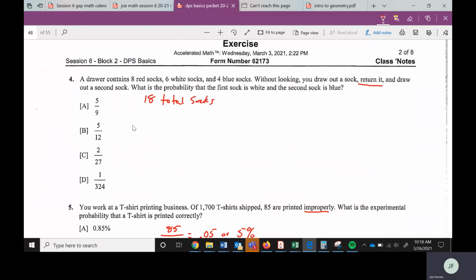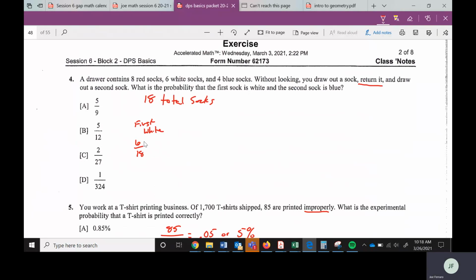Okay. So first, we want to know what's the probability of first getting a white? Okay, and then we'll talk about what we do with these two numbers after. So white, there's 6. And there's 18 total.